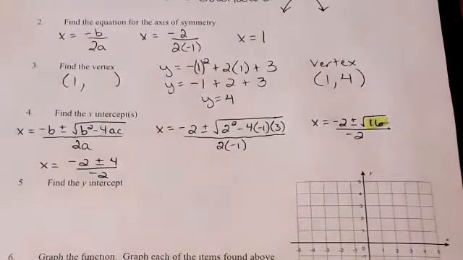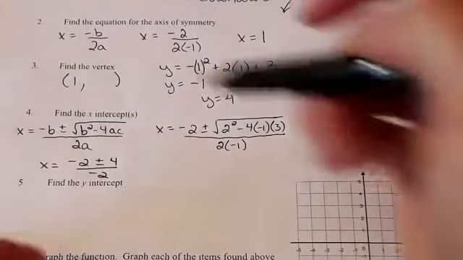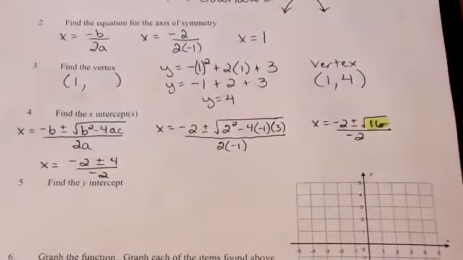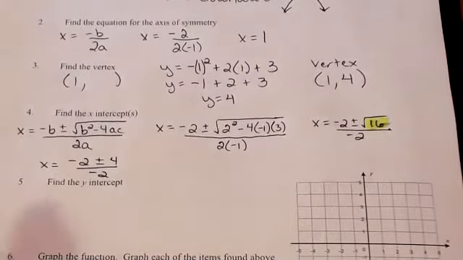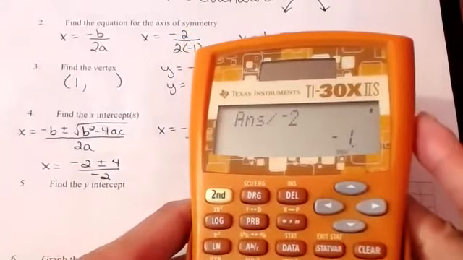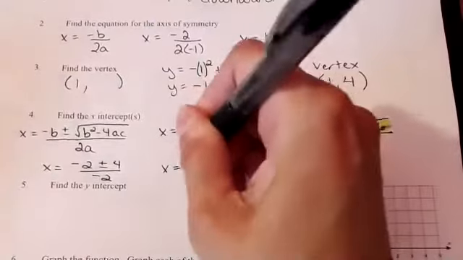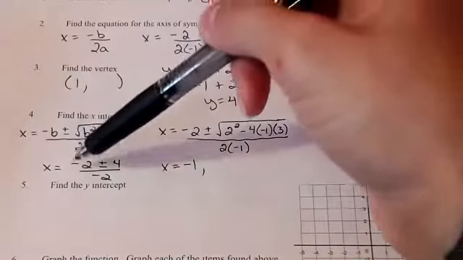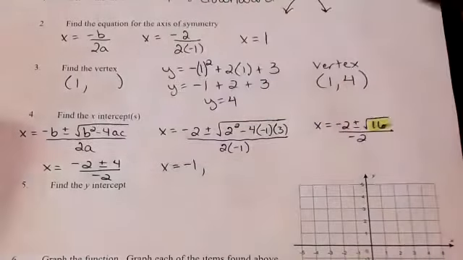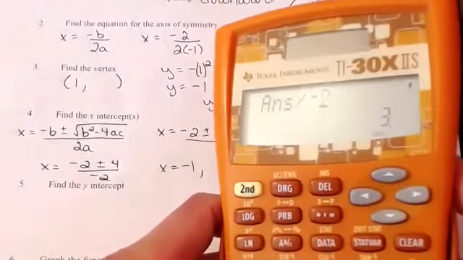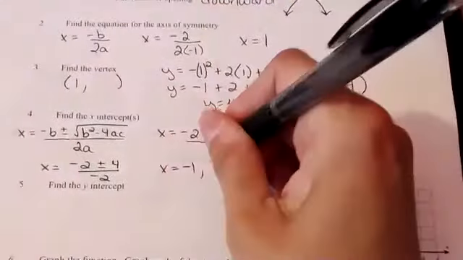And now we have to split up our answers. So we've got negative 2 plus 4 over negative 2. Negative 2 plus 4, do that first, and then divided by negative 2 tells me that my first solution, or my first x-intercept, is negative 1. So I'm just going to write x equals negative 1, and we'll write the correct form in a second. Next, we want to do negative 2 minus 4 all divided by negative 2, and that's going to give us a positive 3.